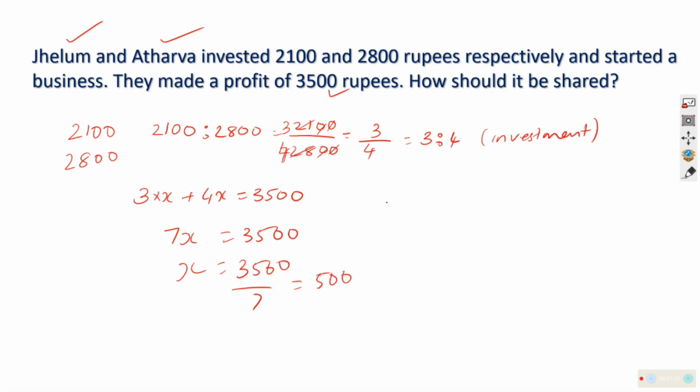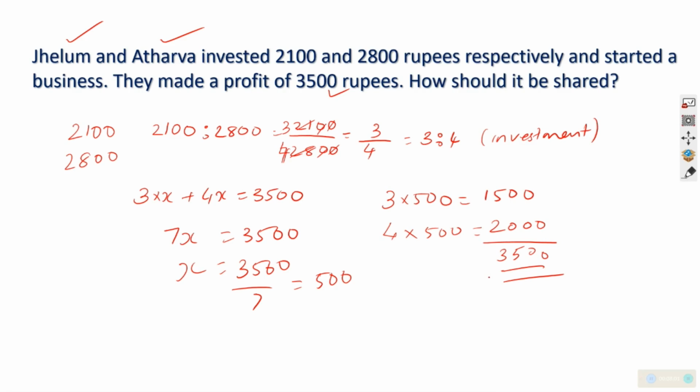That means you will have 3,500 divided in this proportion. This is the technique of dividing in proportion. That means 3 into 500, which is equal to 1,500 rupees will be given to Jhelum as its profit, and the other one is 4 into 500, which is equal to 2,000 will be given to Atharva.